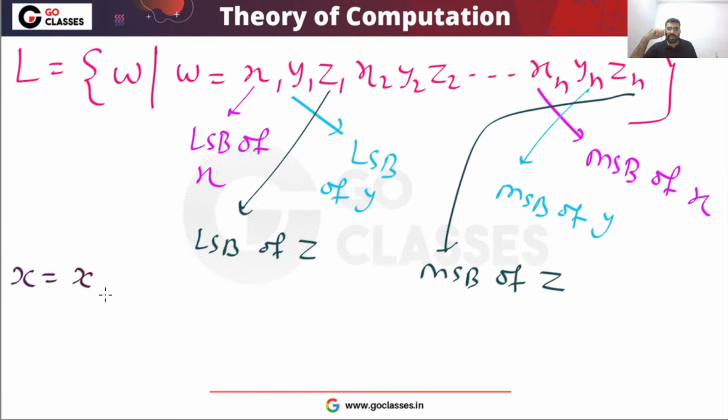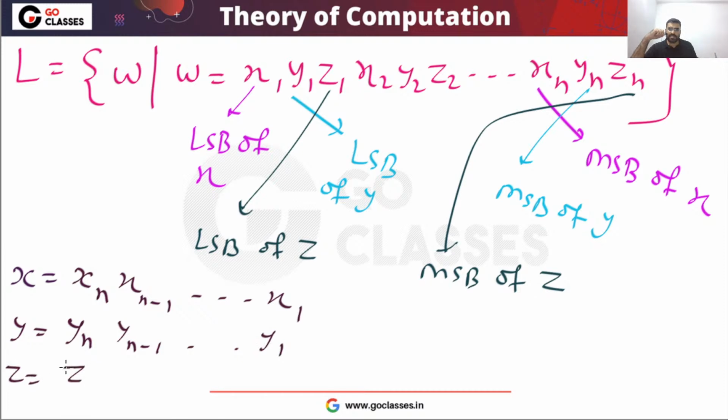No, it will be like this: xn, then xn minus 1, and so on, x1. y will be yn, yn minus 1, and so on, y1. And z will be zn, zn minus 1, ..., z1. This is the idea. And what is the question saying?